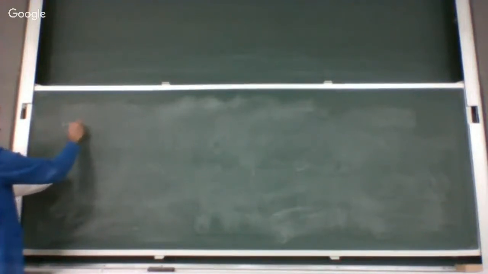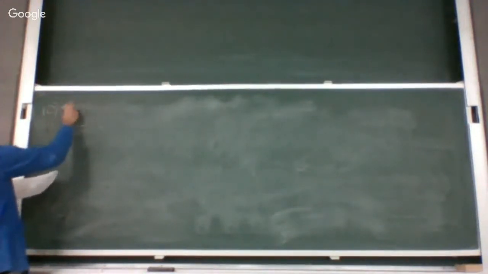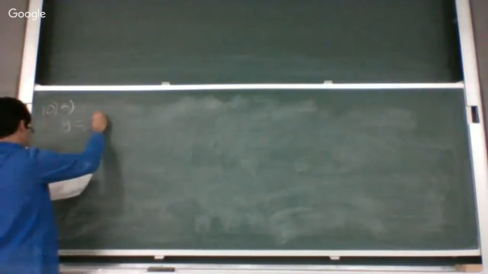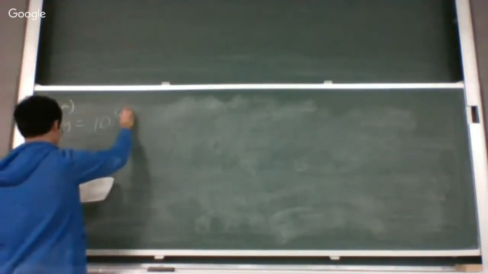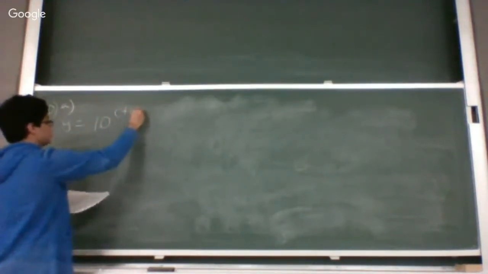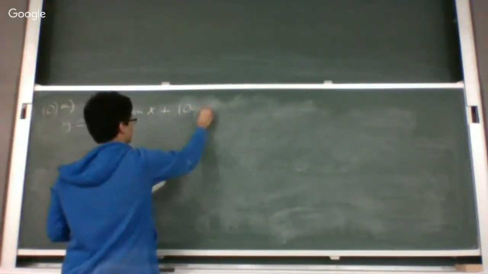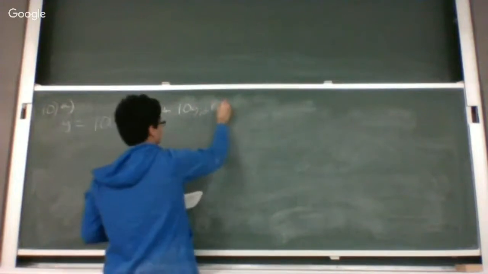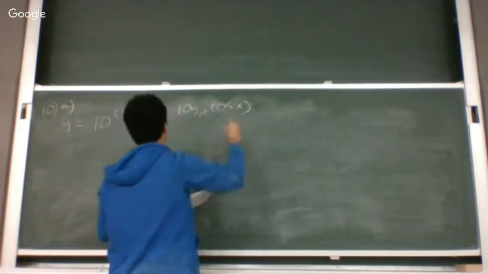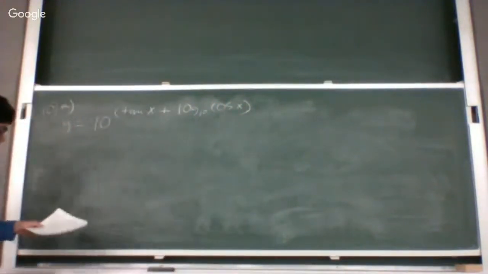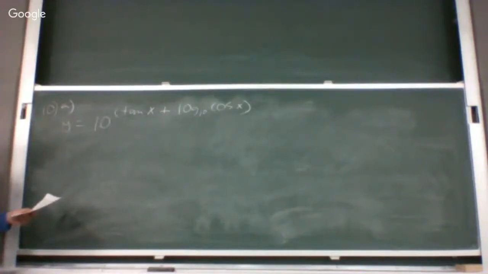For number 10a, y is equal to 10 to the exponent tangent of x plus log base 10 of cosine of x. And we have to find y prime.